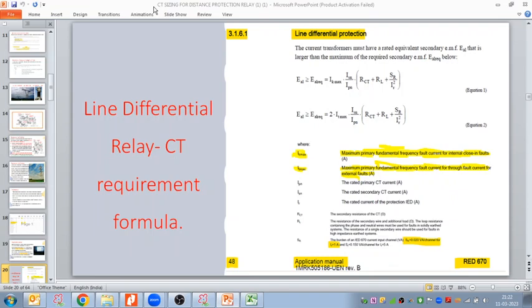If you don't have any given protection philosophy, you can follow the protection philosophy that the grid follows, and based on that you can select the relay. After that you can open that relay's application manual and check the CT requirement formula.